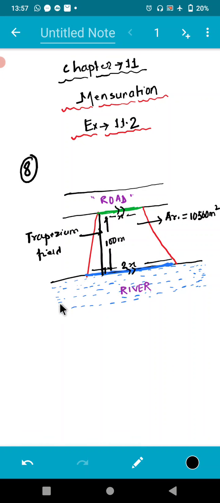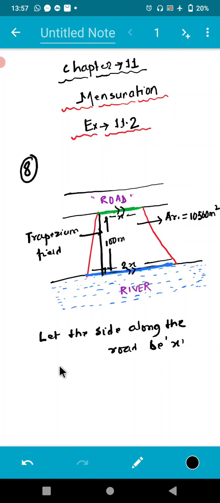Now the first thing you have to do is let the side along the road be x. So the side along the river will be double, as mentioned in the question, that is 2x.